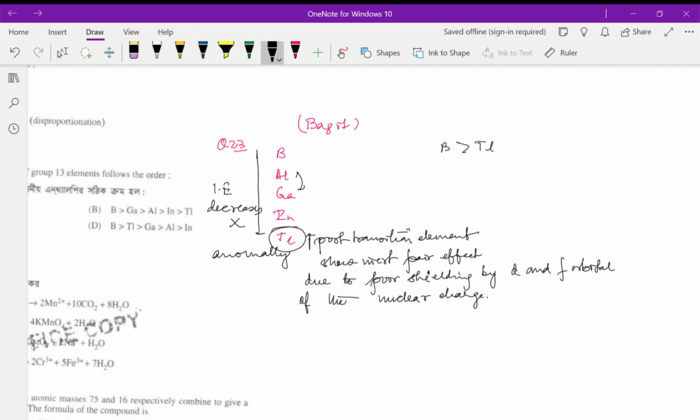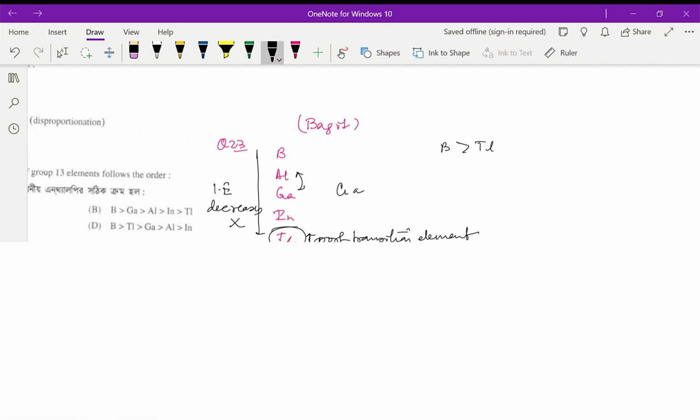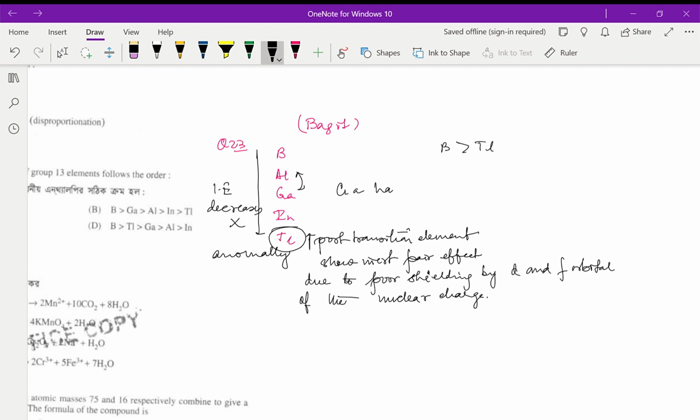Among aluminium and gallium, gallium has higher IE than aluminium because of, again, poor shielding by the inner 3d orbitals.